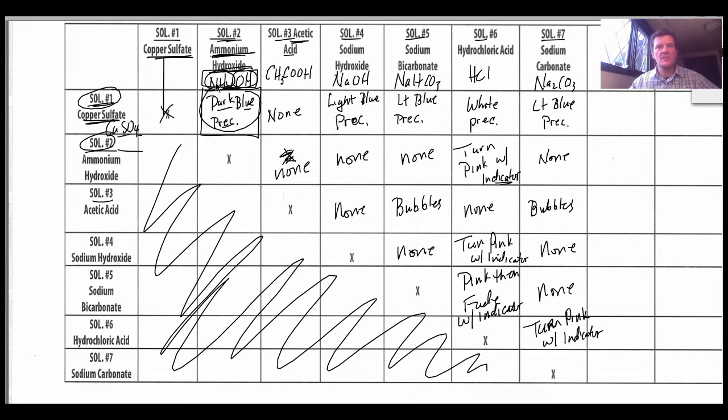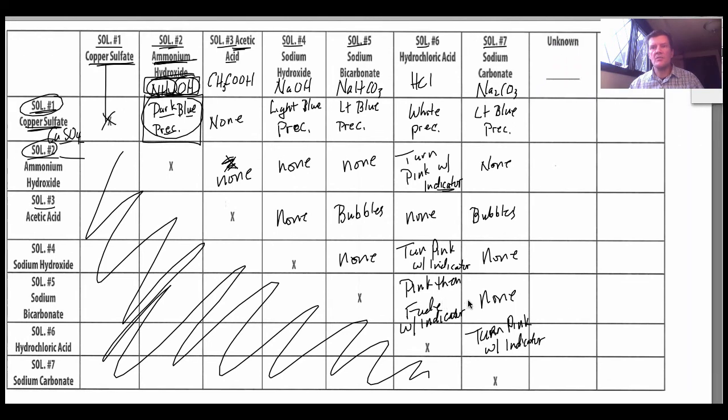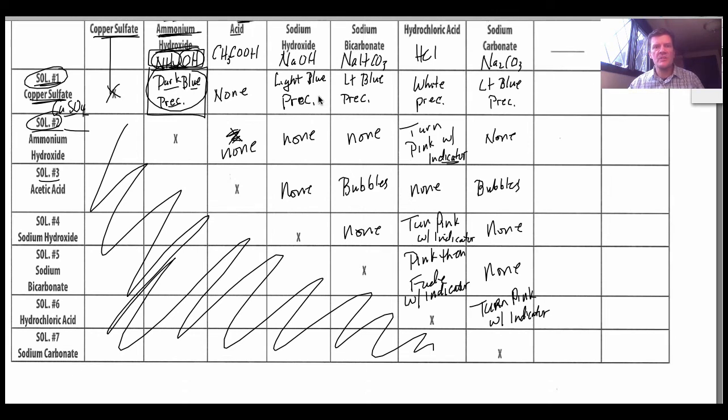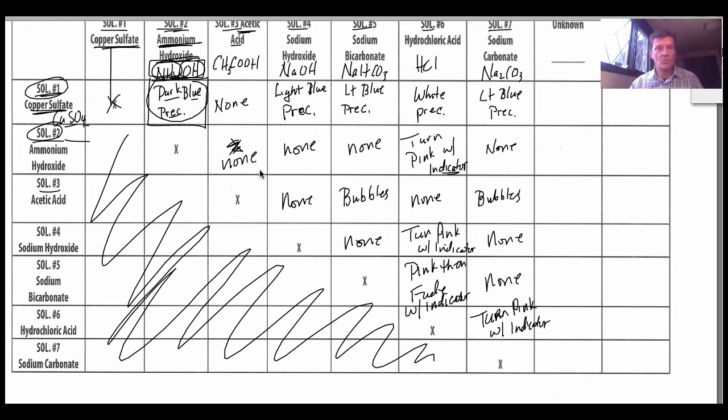All right. So we have all these different combinations, and we have these results. So say I'm going to give you an unknown solution, you would then have to look at this table, and the unknown solution is one of these 7. You would have to look at this table and say, okay, what combinations do I want to test it with to see if I can figure out what my unknown is?